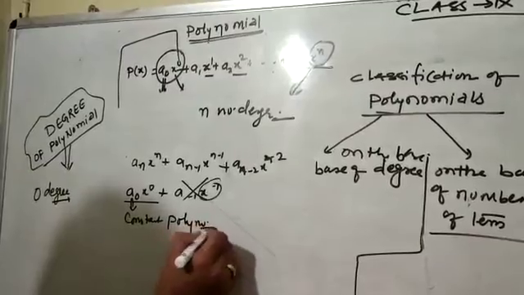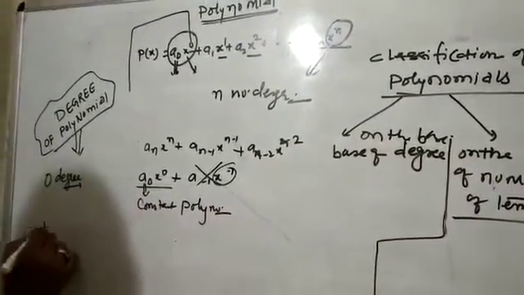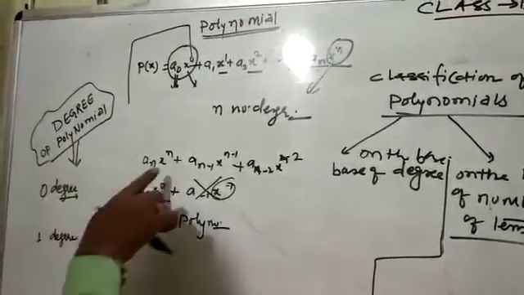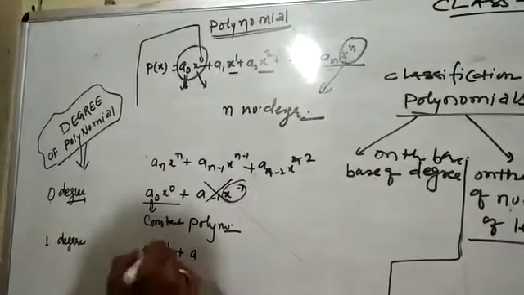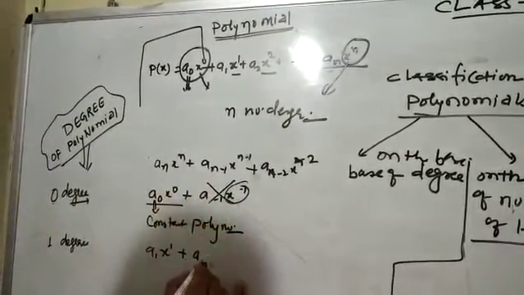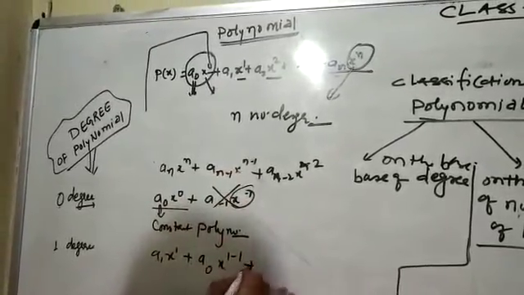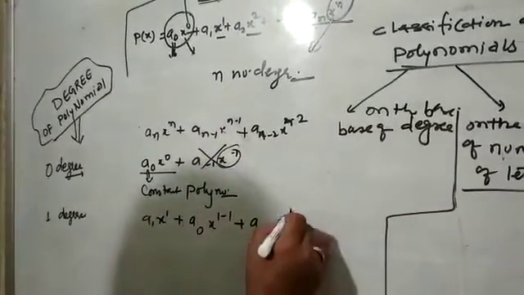Understood? Now if I put n equal to 1, that is degree 1. The first term is a1 x to the power 1, plus a 1 minus 1, that is a0 x to the power 1 minus 1, and then a 1 minus 2 x to the power 1 minus 2.